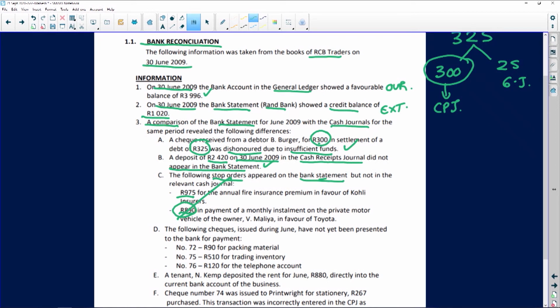The following checks issued during June have not yet been presented to the bank for payments. Okay, so immediately, guys, the following checks, remember, I know we don't really issue checks in today's day. We obviously deal more with EFTs, but remember, your syllabus still talks about checks. So checks were issued, but not presented for payment.